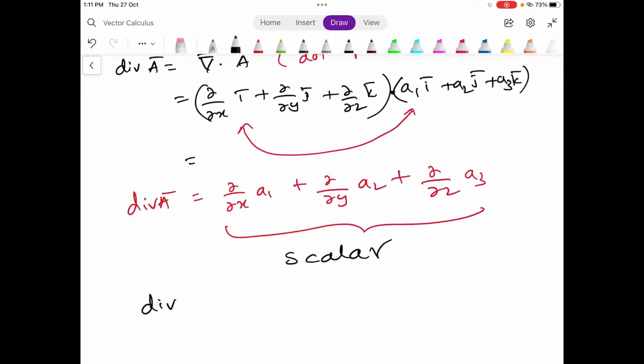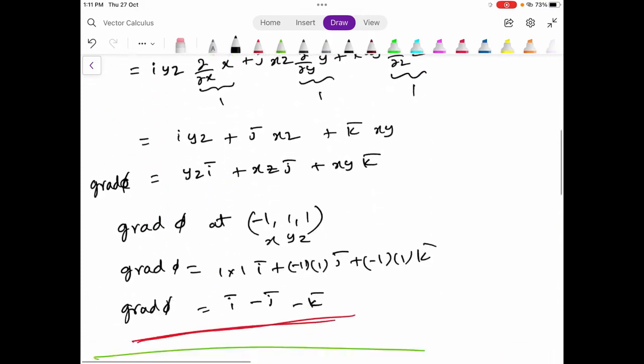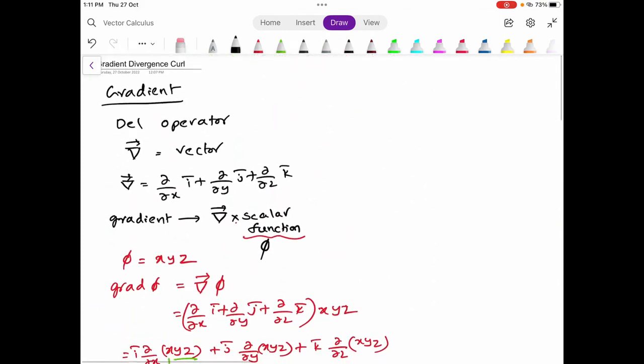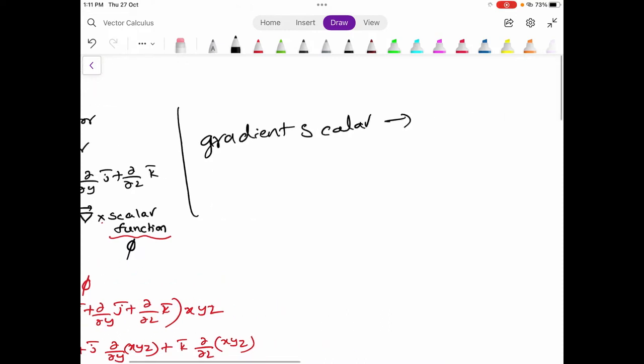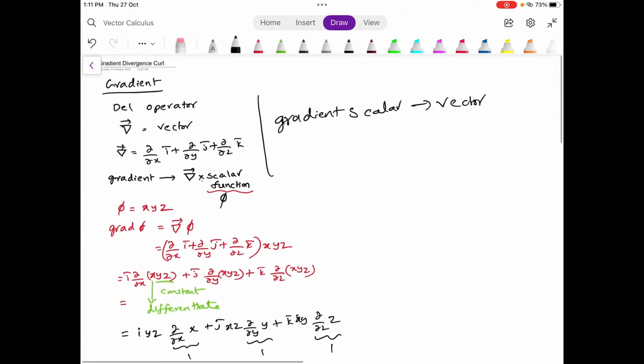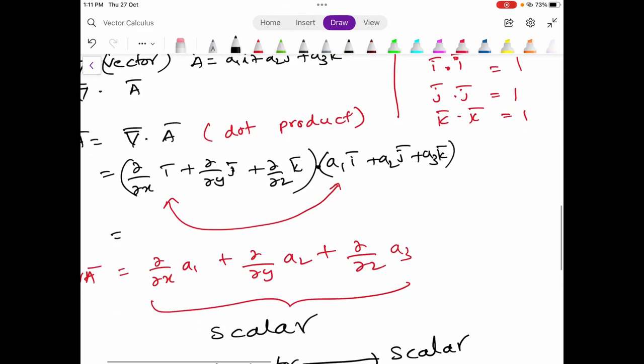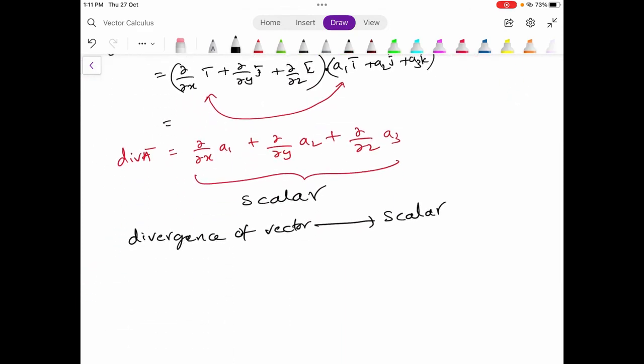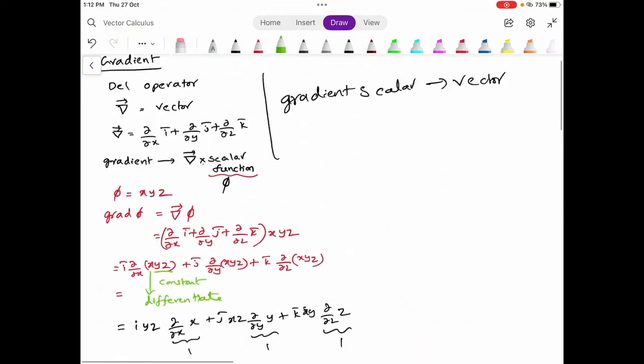Earlier, the gradient of a scalar gave us a vector. This is about the divergence. Is this clear now? This is the divergence of a vector.